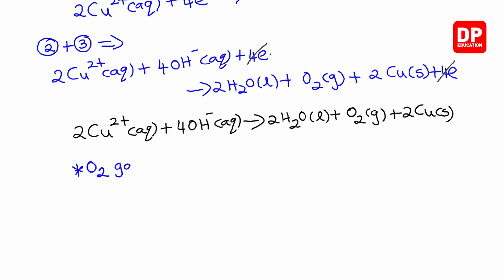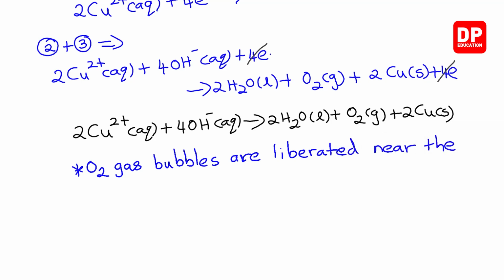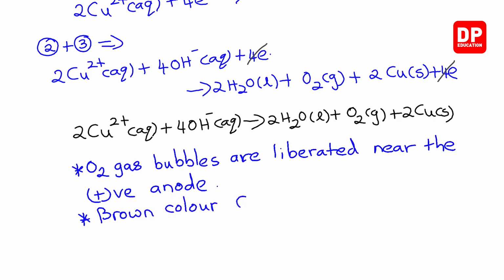O2 gas bubbles are liberated near the positive anode and brown color copper deposits at the negative cathode.